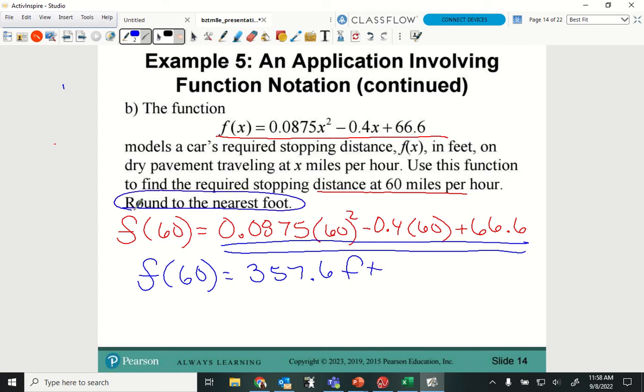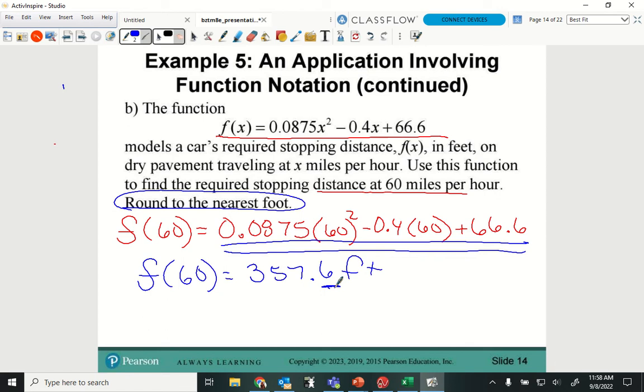So I could read through it, it says round to the nearest foot. So if I'm rounding to the nearest foot, this is less than a foot, isn't it? That's less than a foot. So I'm gonna round to the nearest foot. That means the whole number. Now, is 6 five or above? Yes, it is. So that means it's gonna make the 7 round up. If it was 4 or below, those numbers just drop off.